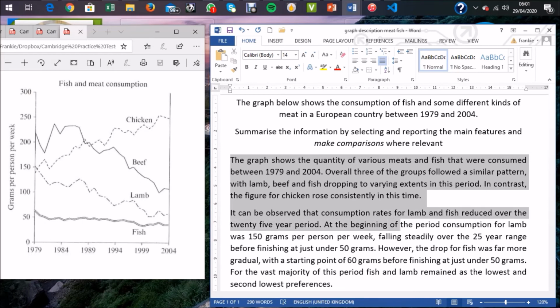At the beginning of the period, consumption for lamb was 150 grams per person per week, falling steadily over the 25-year range before finishing at just under 50 grams. However, the drop for fish was far more gradual, with a starting point of 60 grams before finishing at just under 50 grams. For the vast majority of this period, fish and lamb remained as the lowest and second lowest preferences.